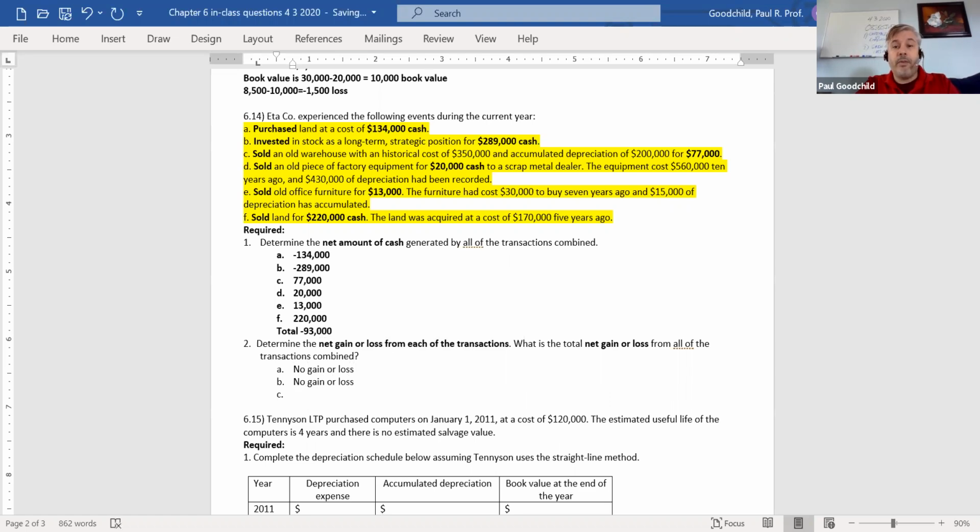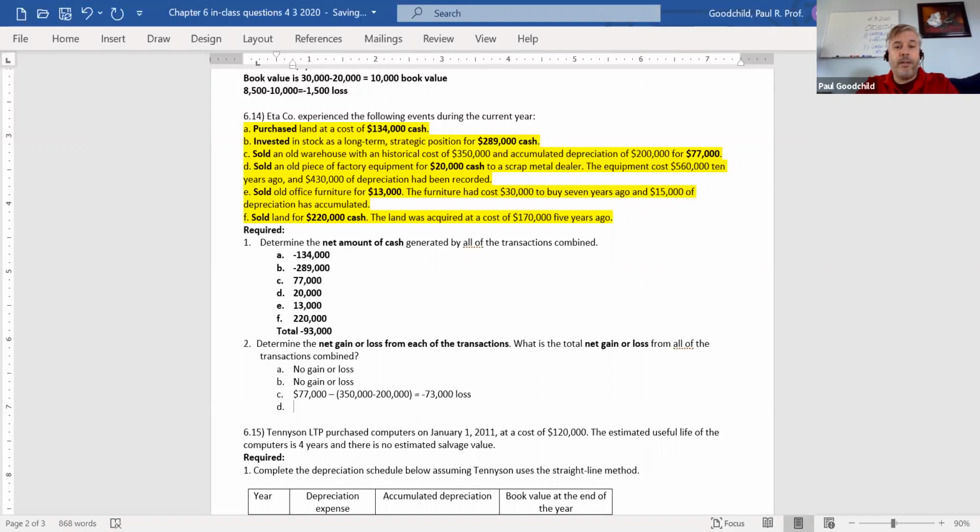Part C now, we received 77,000 proceeds minus the book value, 350,000 minus 200,000. And so that is going to be a $73,000 loss. Part D, we had proceeds of 20,000 less the book value, 560,000 minus 430,000 gives us a loss of 110,000.